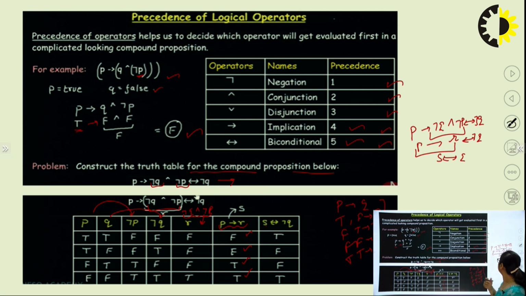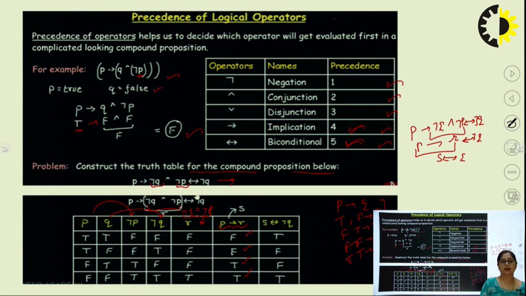So firstly, you solve the negation part. After that, you solve the implication based on the precedence rules, and at last you solve the bidirectional, biconditional statement. So this is the way to solve this problem or any type of these problems based on precedence. So keep in mind the precedence rule.